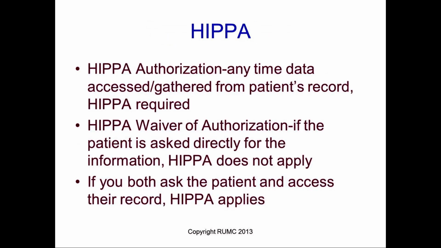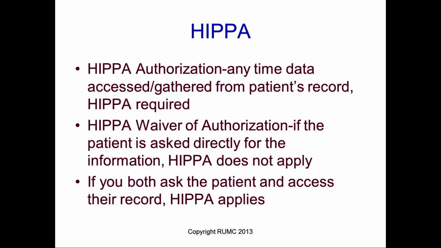HIPAA, you're probably all familiar with. When you do get informed consent, a HIPAA form is also required along with that informed consent, so that anytime data is accessed or gathered from the patient's record, HIPAA is also required.